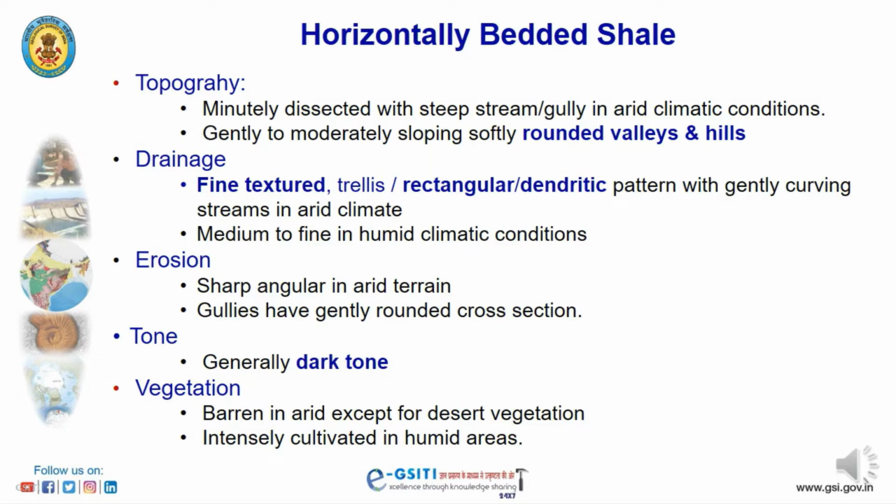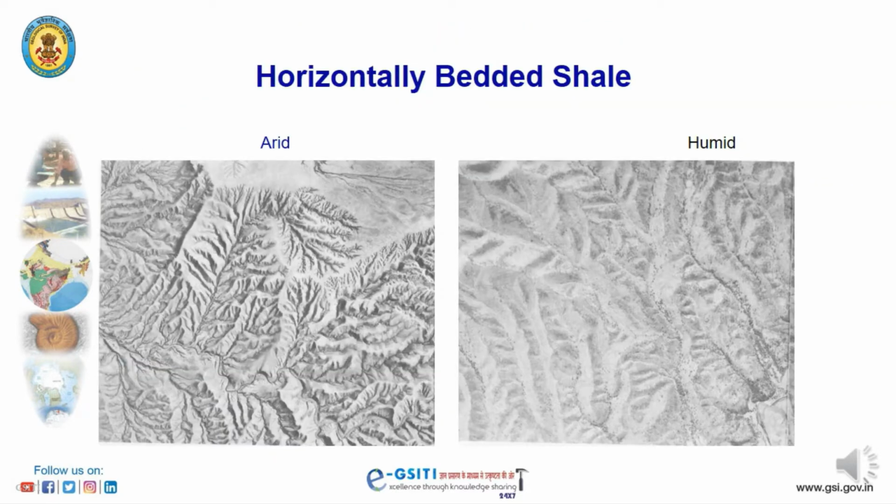Medium to fine textures in humid climatic conditions. Erosion-wise, sharp angular in arid terrain. Gullies have gently rounded cross sections in humid conditions. Tone-wise, generally darker tone. Vegetation: intensely cultivated in humid conditions.